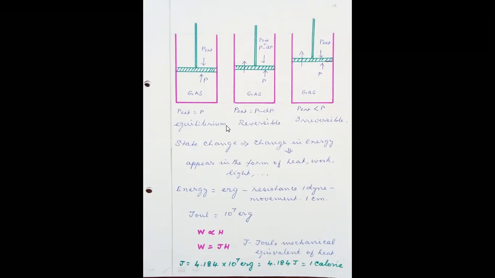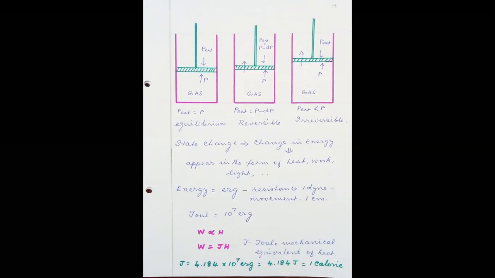I have already told you, for thermal equilibrium, the temperature must be uniform throughout. Therefore, there is no heat flow from one part of the body to the other, because all the parts of the body are at the same temperature. Similarly, for mechanical equilibrium, there is no work done by one part of the system on another because of the uniformity in the pressure.